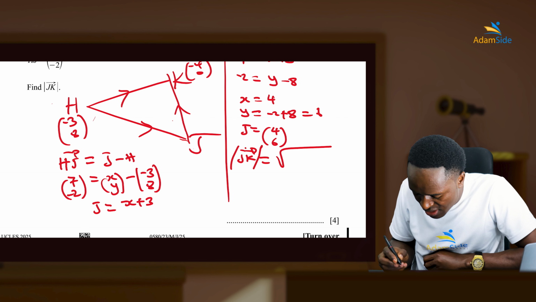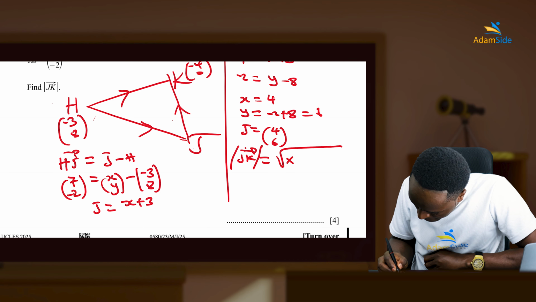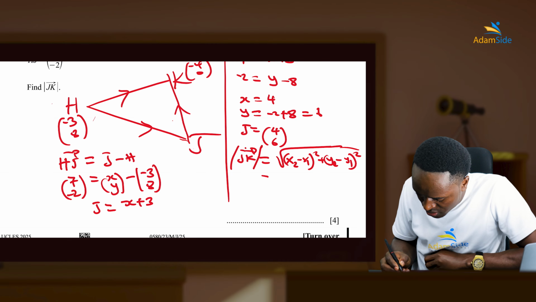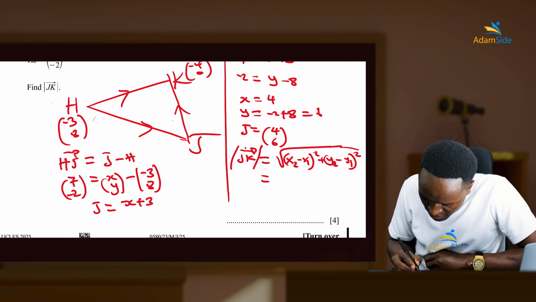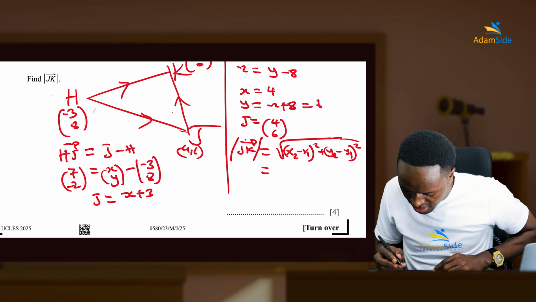Remember, it uses the same formula for finding the distance of a line: the square root of (x2 minus x1) squared plus (y2 minus y1) squared. Because now we have J as the coordinate (4, 6), we solve the differences.